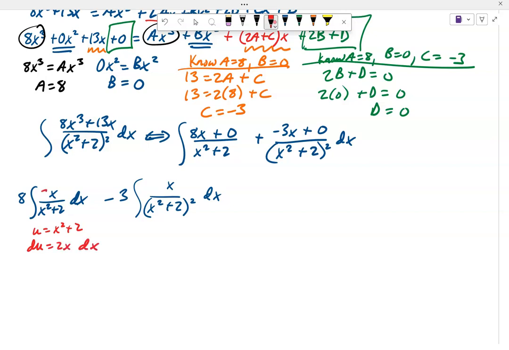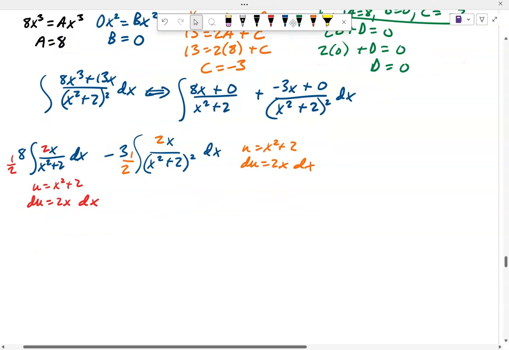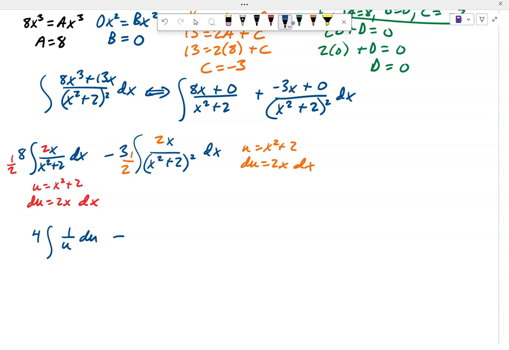And let me let u be x squared plus 2. So I need a 2x, so I've got to offset it with 1/2. Over here, I'm going to let u be that x squared plus 2. So it also needs a 2, which means I've got to offset it. Fine. So we have 4 times the integral of 1 over u du minus 3/2.